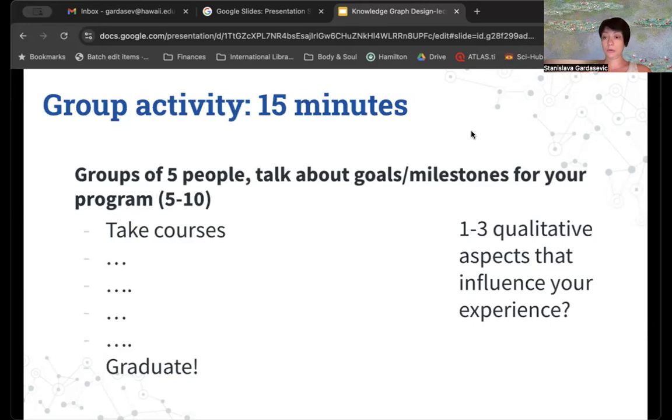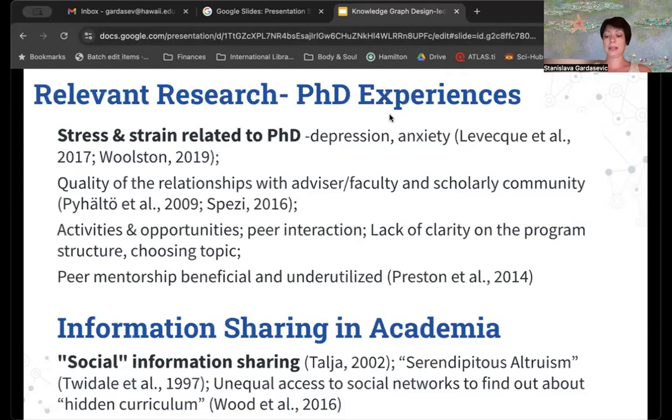So what do you need to do in order to get to the end and graduate? But not only what's on paper, what needs to be done, but what are the qualitative aspects that might influence your experience? So you can write that next to one of those points that you're going to make.